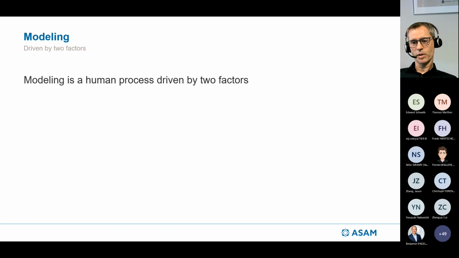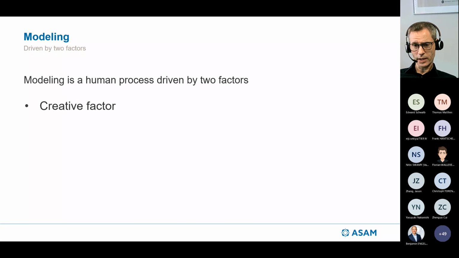So when we are talking of modeling as a process, as I said, we talk about a human process driven by two factors. The first one is a creative factor, which means that whenever two people try to create a model for the same system, you could probably bet that the models look very different. This means that the modeling process cannot be measured alone by absolute or mathematical metrics, but also by the creative mind that stands behind the modeling process.